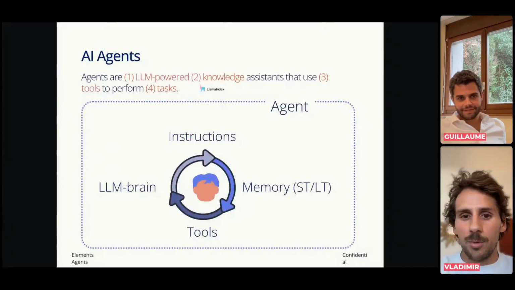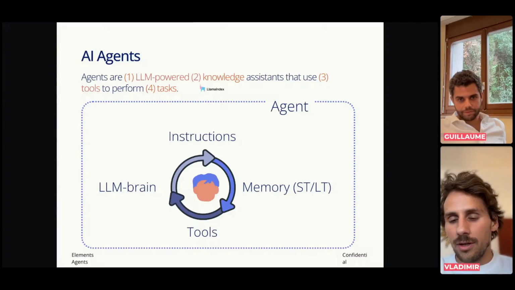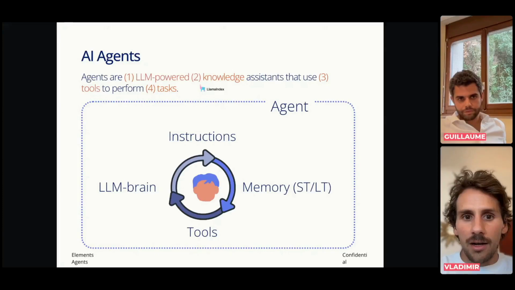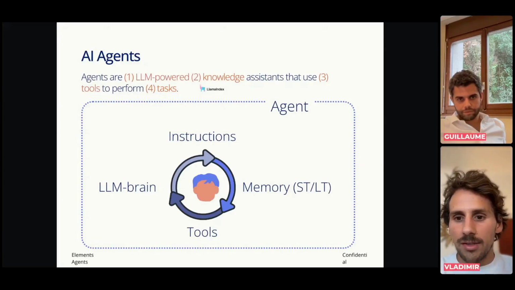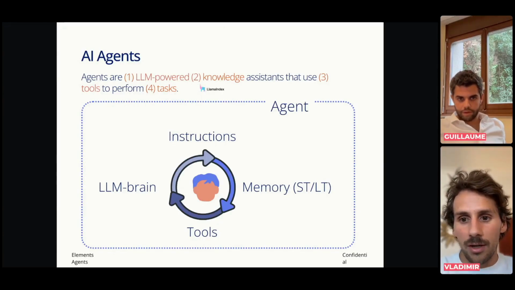All right, so like I said, agent refresher, and this is coming from LlamaIndex, which is a major agentic solutions provider. Agents are LLM-powered knowledge assistants. LLM-powered, just as if you were talking to ChatGPT, and within ChatGPT you have different capabilities, also called tools, to be able to browse, analyze an Excel sheet or analyze a PDF.